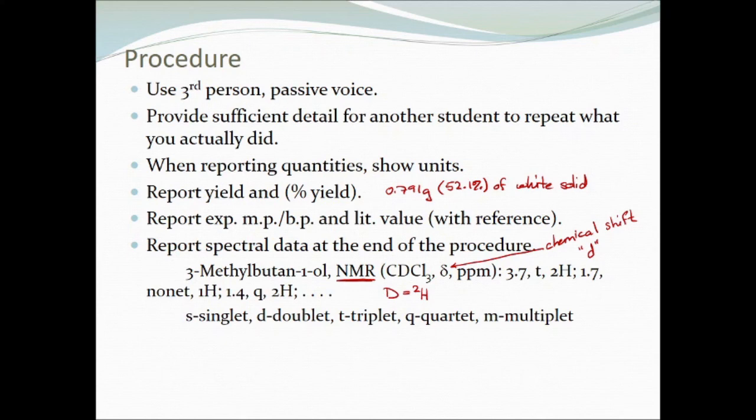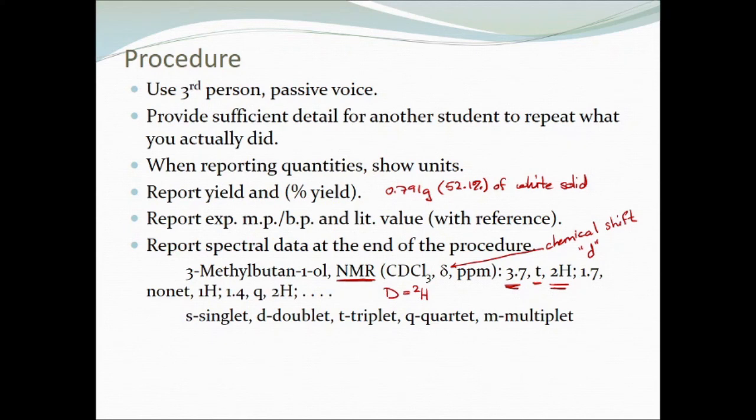For IR, we simply reported the frequencies of the peaks. For NMR, we have more information, so we not only report our chemical shift, we also report the splitting, so T for a triplet, and the integration, so 2 hydrogens. The integration is not the number that's given underneath the peak. The integration that we report here is the normalized, whole number value.